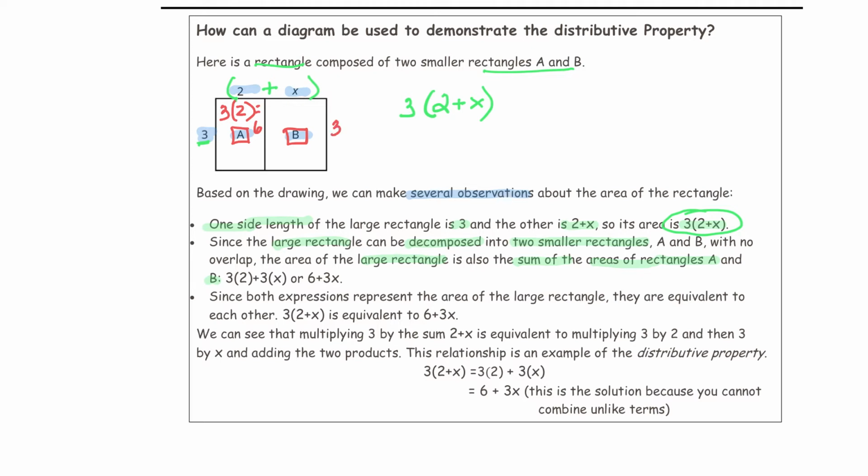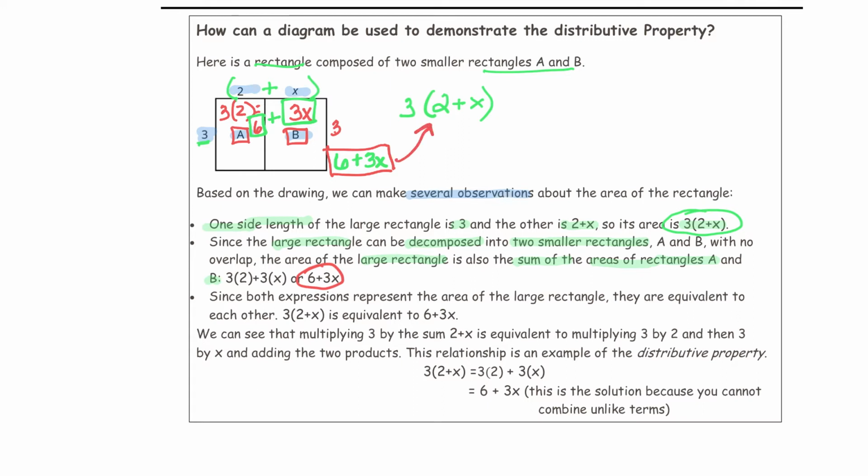So in order to calculate the area, I could multiply 3 times x and get 3x. So what this is actually saying is that if I add the two areas together, 6 plus 3x, that particular expression will be equal to this.